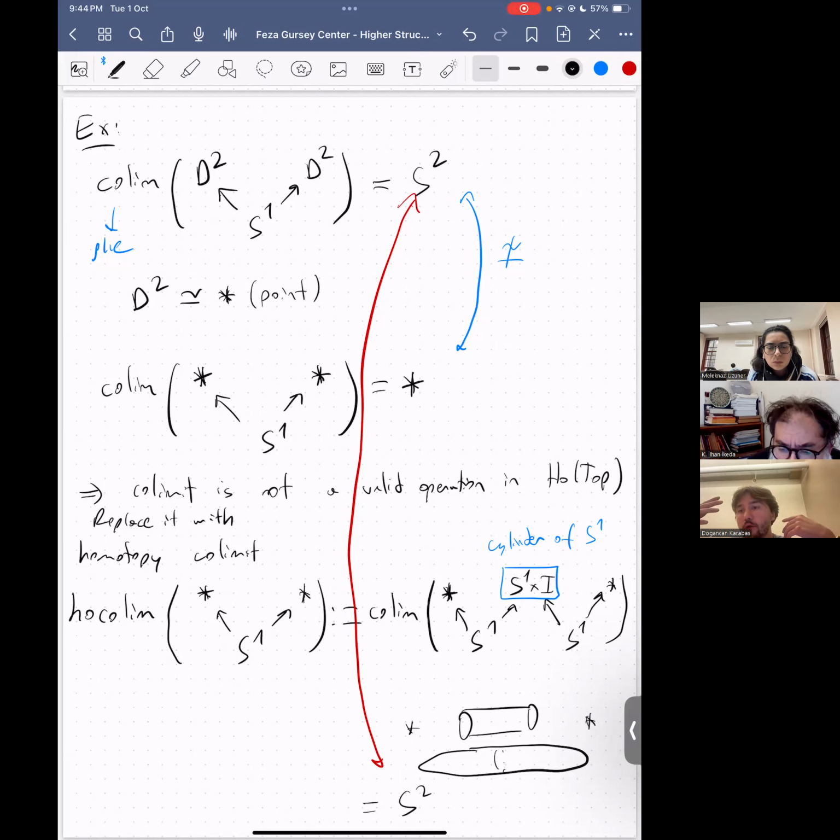So in other settings also, I will construct some cylinders. Through that, I will explain all these operations. That's the thing. So the cylinder approach. Any question?